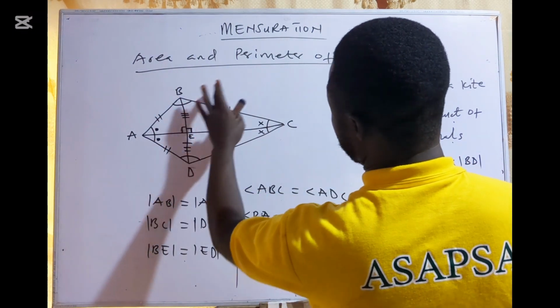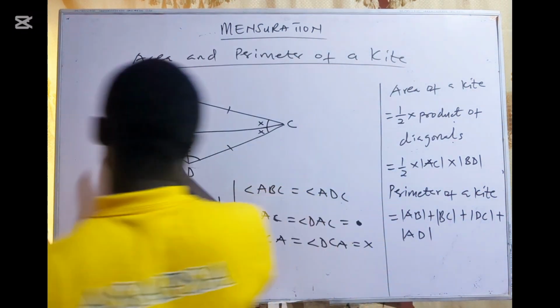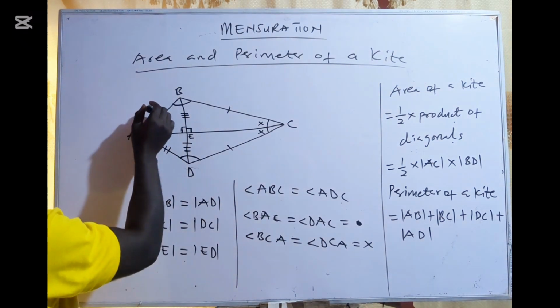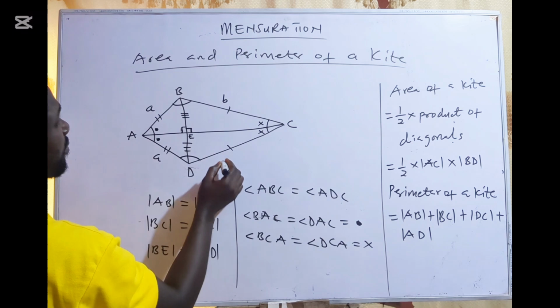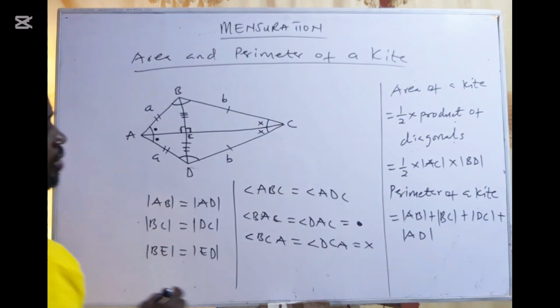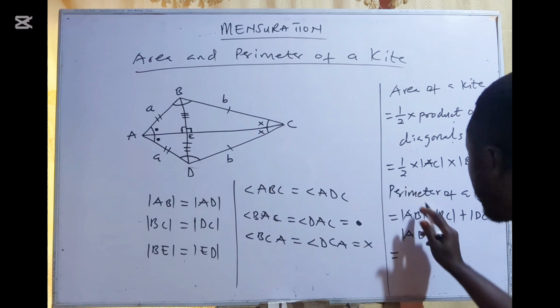This side plus this side plus this side plus this side. We know that this side is equal to this side. So if here is A, here will be A. If here is B, here will be B.